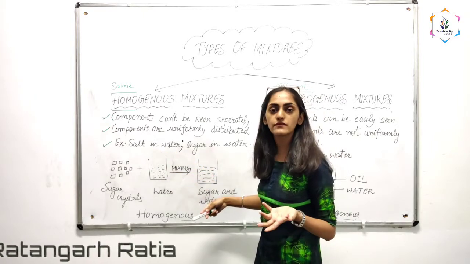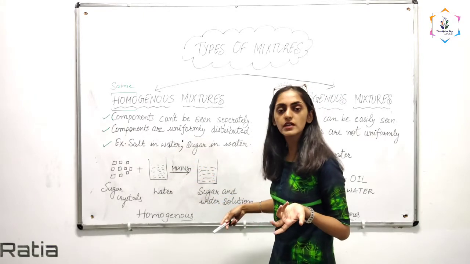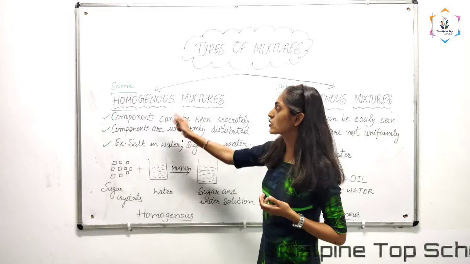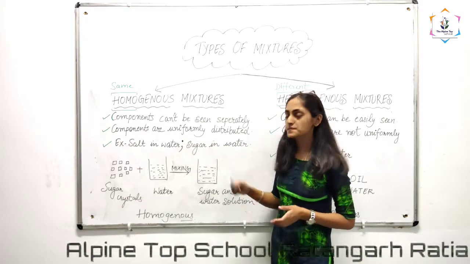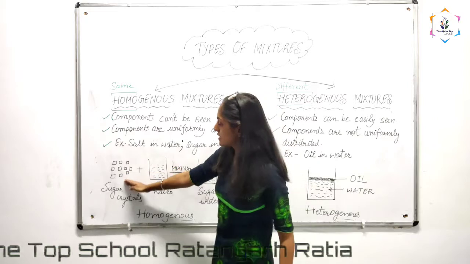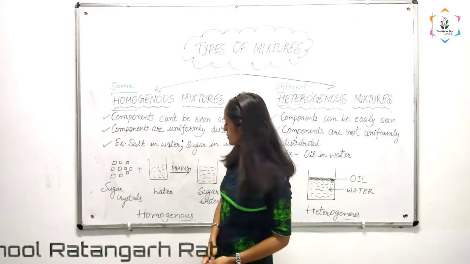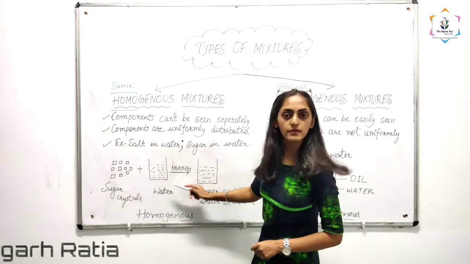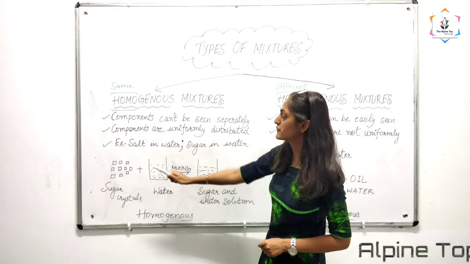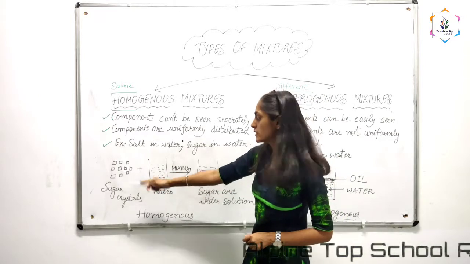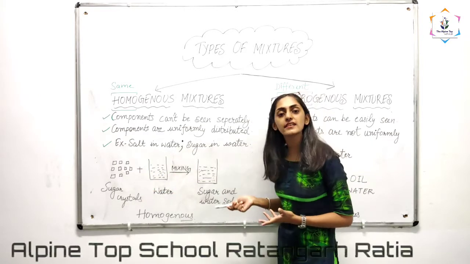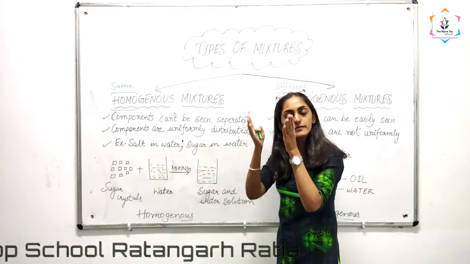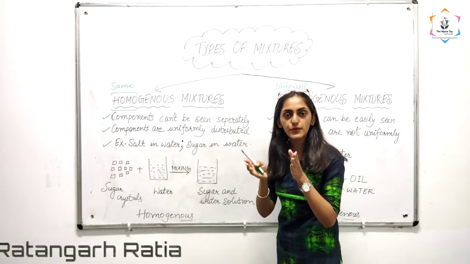When you mix salt in water, it gets completely dissolved, right? You will not be able to see the components. The same goes for sugar in water. Here are some sugar crystals and this is clear water, and when we dissolve the sugar crystals in water, the water remains the same and is uniformly distributed.